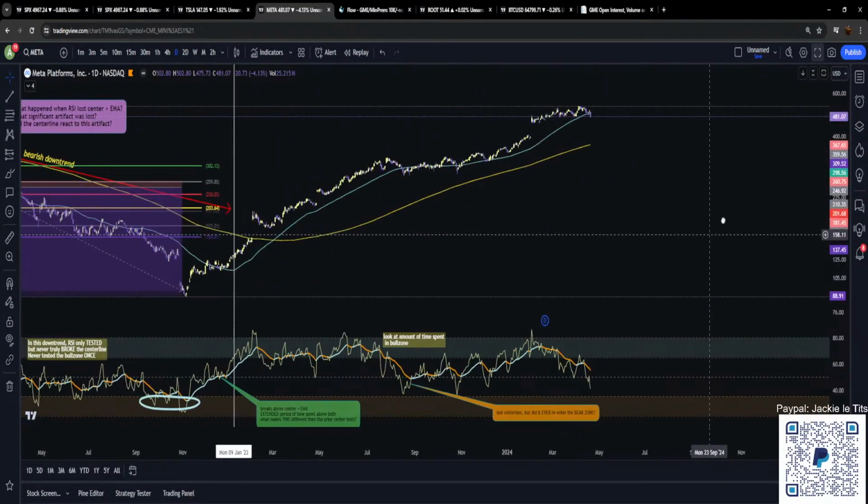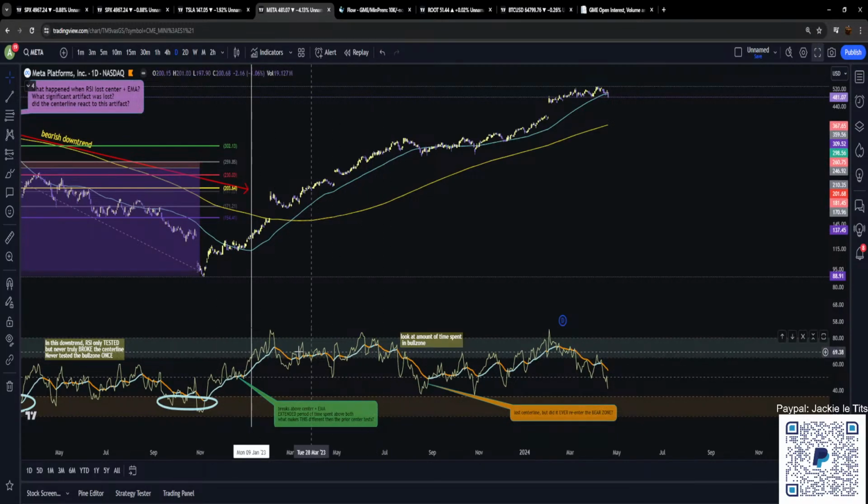Look at the RSI. Guys, what does January 9th until July 20th of 2023 tell you when you see the RSI just buried in the bull control zone, above the center half of the RSI?